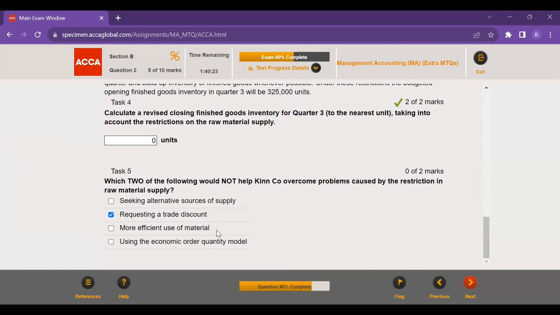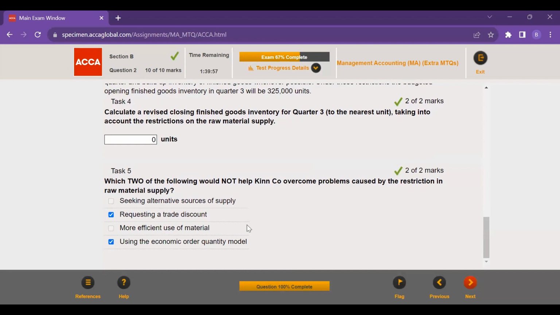Now this will also help them because this will save them material, and eventually they will be able to produce more of the goods. Now, last point that we have over here is using the EOQ model. So, when they are using the EOQ model, again, they will be optimizing their order costs and their inventory holding costs. Again, this will not be helpful in solving the problem of your raw material supply.